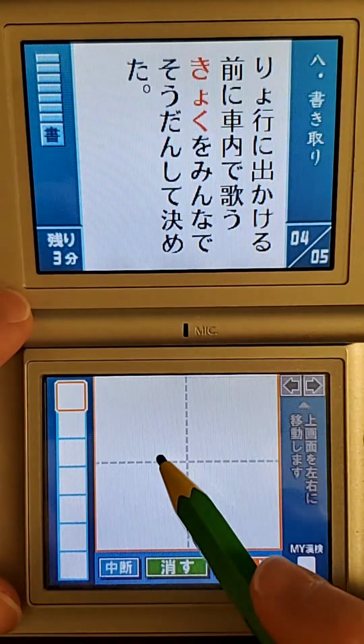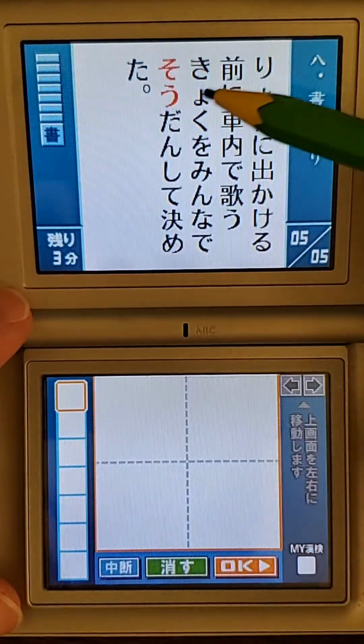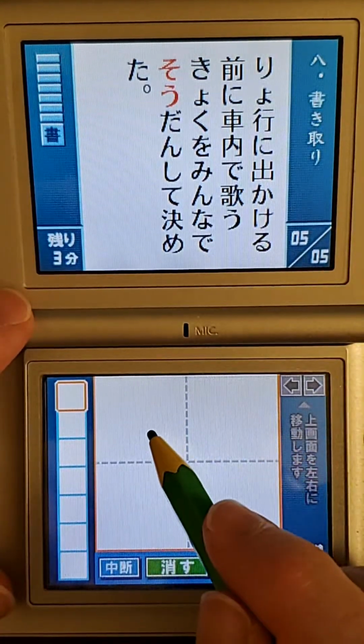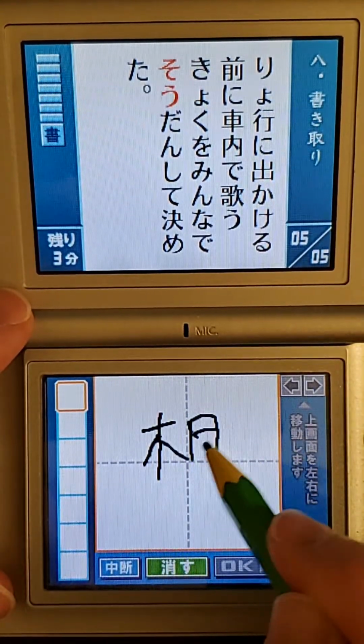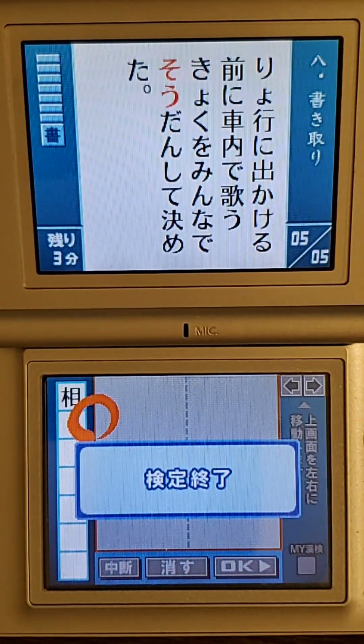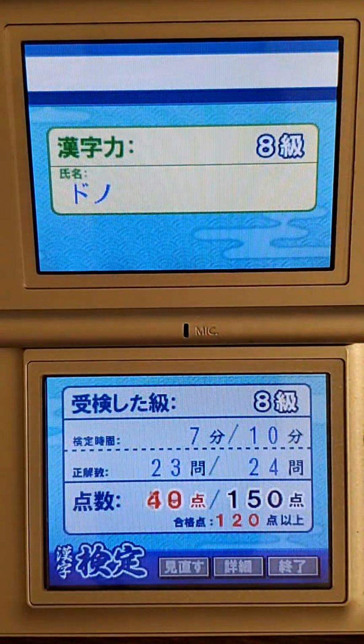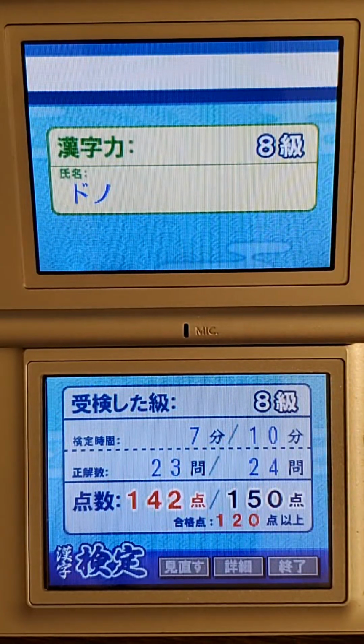Utau kyoku. So for song, kyoku is that. That looks ugly, but it worked. And soudan. Let's see. That one's just those two. This one. That's good. I'm doing good.